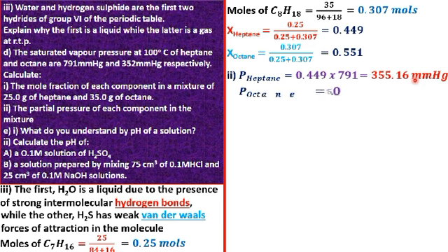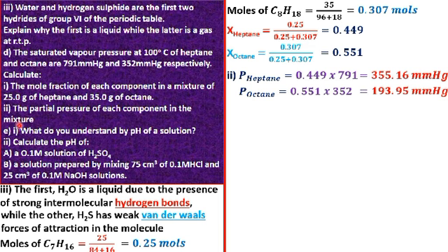Then to get the partial vapor pressure of octane, we do it similarly by taking the mole fraction of octane and multiplying it by its saturated vapor pressure. This gives us an answer of 193.95 millimeters mercury. Great. So that's how we can solve this particular question.